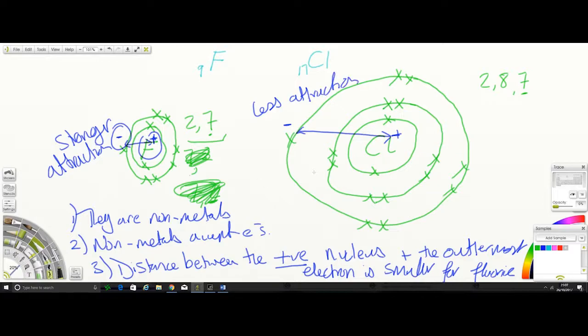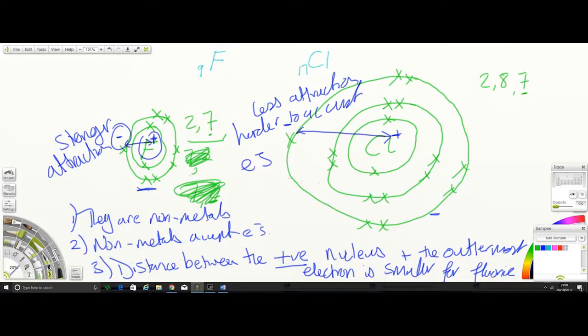And remember, these want to accept electrons, so it's going to be harder to accept electrons. Chlorine is going to find it harder to accept the electron because the distance between the positive center and the outermost electron shell is further away.